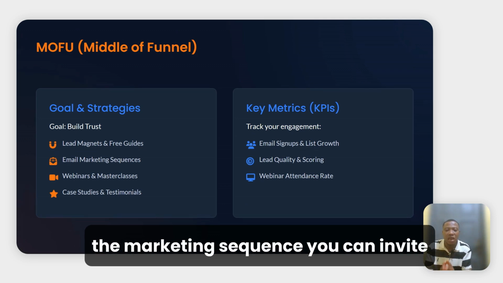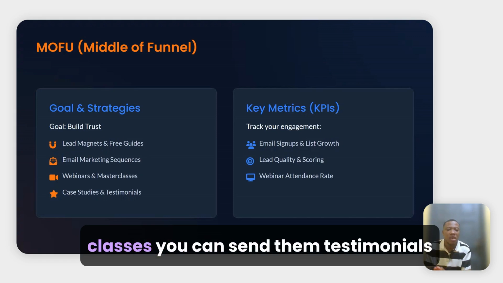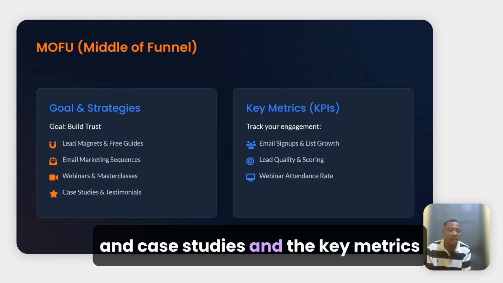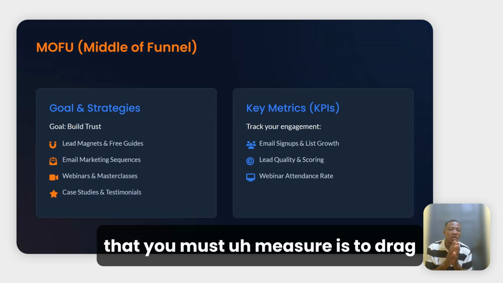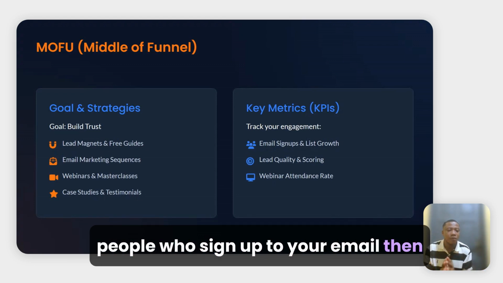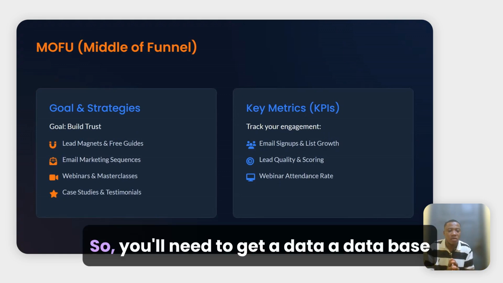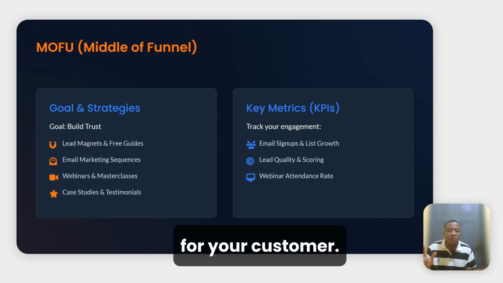You can now do an email marketing sequence. You can invite them to your webinars and masterclasses. You can send them testimonials and case studies. And the key metrics that you must measure is to track engagement. Look at the number of people who sign up to your email, then you look at your list, your customer base. So you need to get a database of your customers.